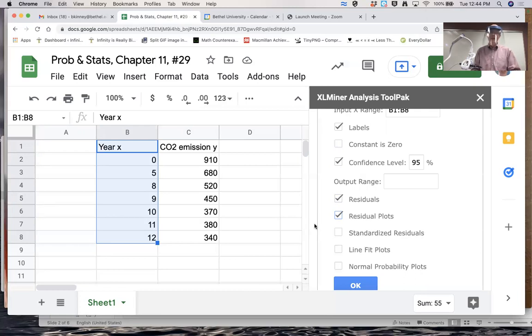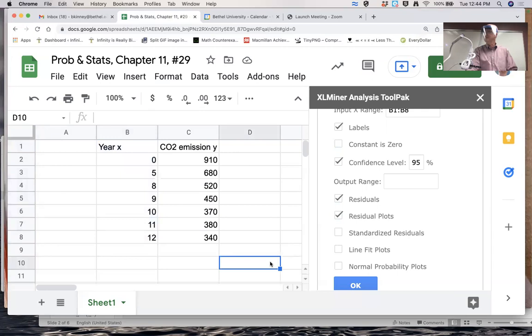Don't pick B1 or B5 or C5 because you've already got stuff there. Perhaps a good one to pick would be, say, D10. That'll be the upper left corner of the output, D10. Now click OK and the magic happens.